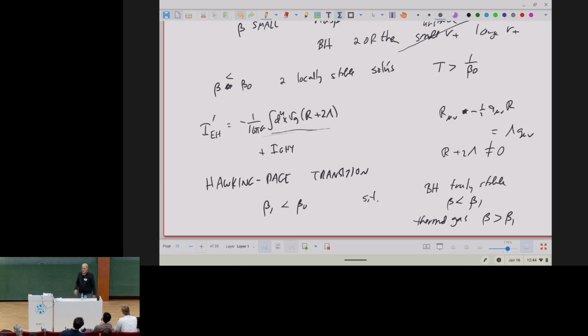One thing we gain is that, okay, at beta less than beta 1, the black hole is truly stable, which means we have a truly stable state of the black hole in equilibrium with radiation. So in the earlier lectures, I had to apologize that what we were studying is unstable if you go to higher orders. Here we have something which is truly stable, which is believed to be because it's dual to the boundary conformal field theory, which we believe is truly stable.